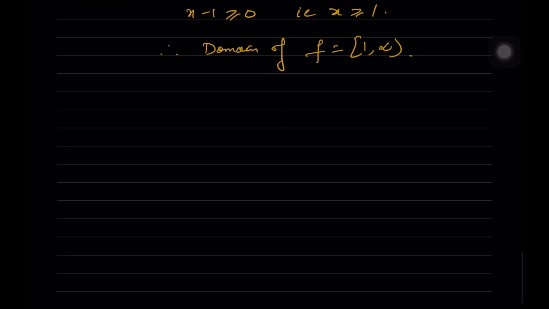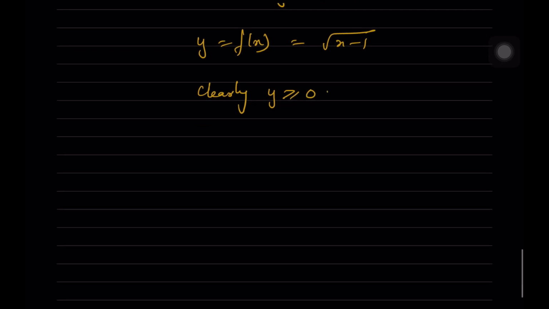Then y is equal to f(x). For finding the range, y is equal to root of x − 1. Clearly, because x − 1 is greater than or equal to 0, y is also greater than or equal to 0, which means y² is equal to x − 1.